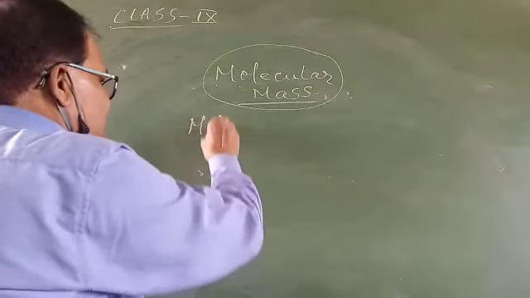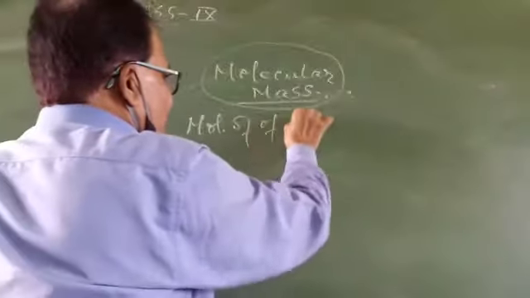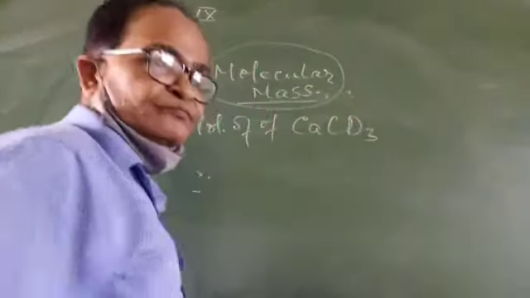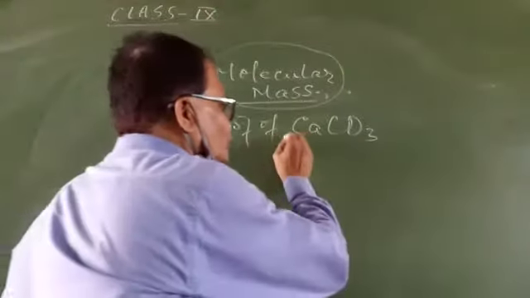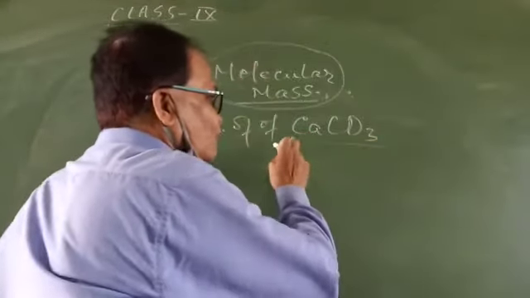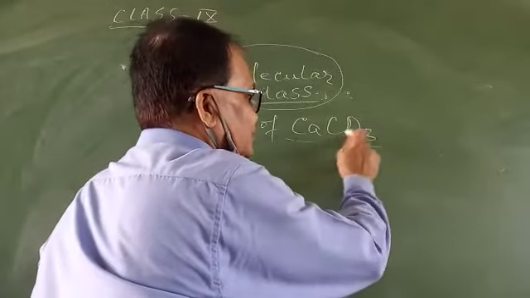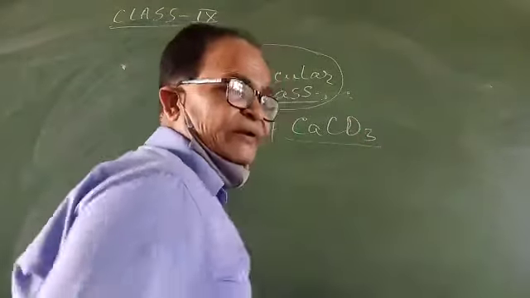molecular mass of calcium carbonate. Here, in one molecule of calcium carbonate, one calcium atom, one carbon atom, and 3 oxygen atoms are present.